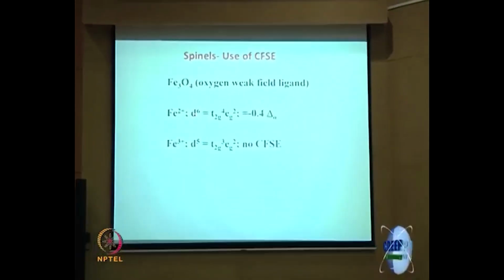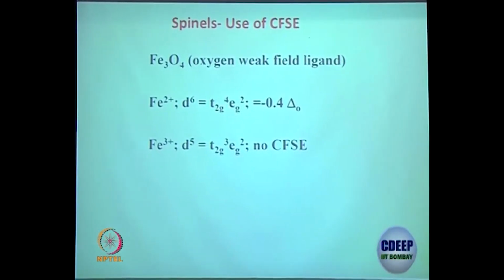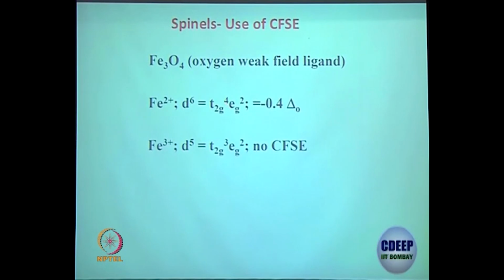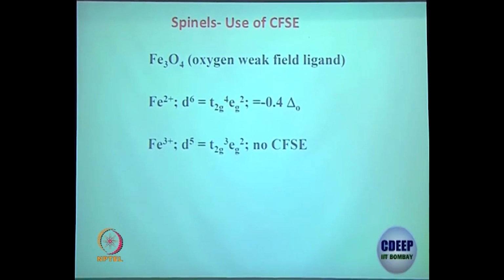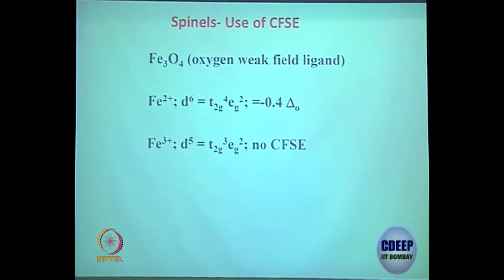Fe2+, d6, t2g4 eg2, high spin. The 3 and 2 cancel out, so minus 4. It's easy, right? Over here, with 3 and 2, 0 CFSE, right?